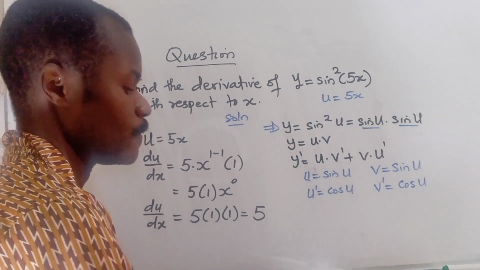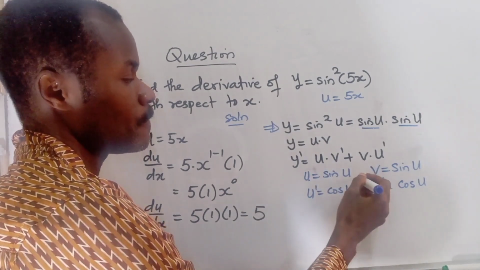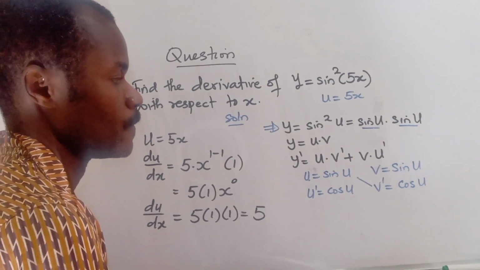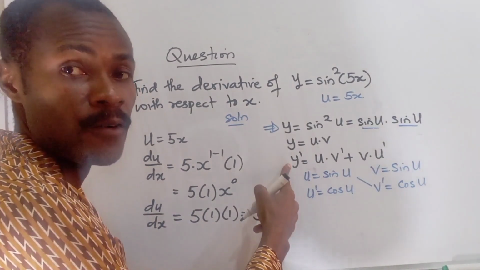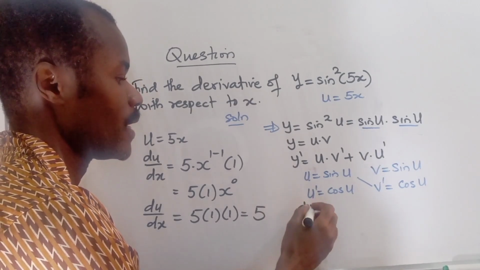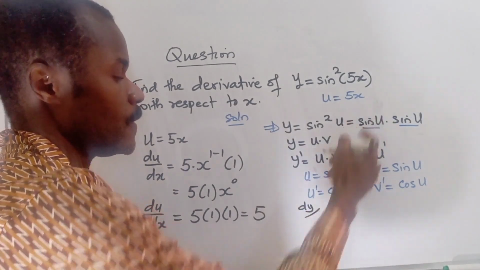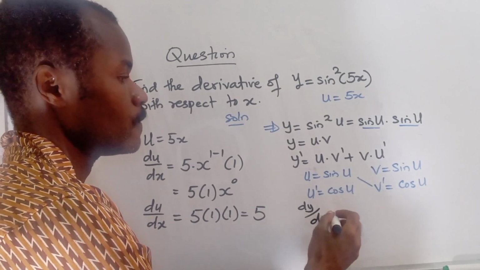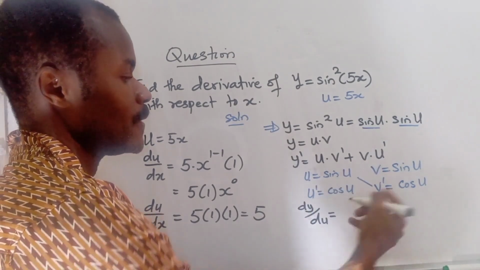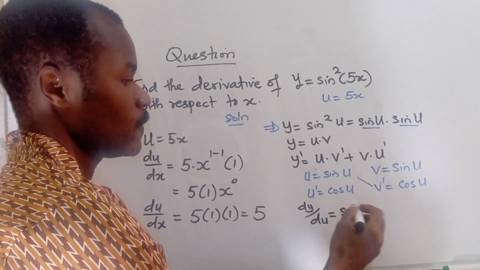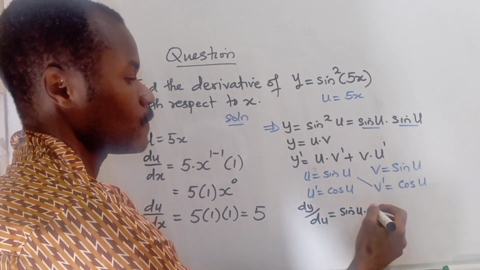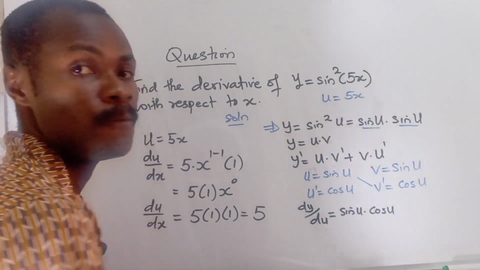So the next thing is you want to multiply diagonally. So we are going to go this way. For the product rule, my dy over du is going to be this times this, so I have sine u multiplied by cos u.